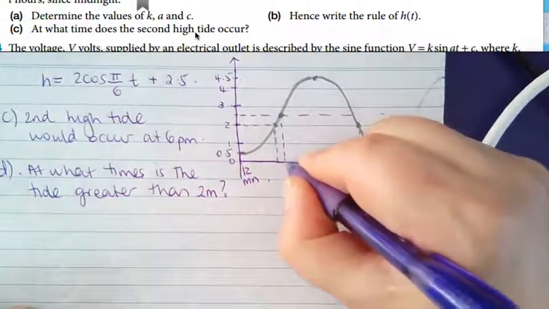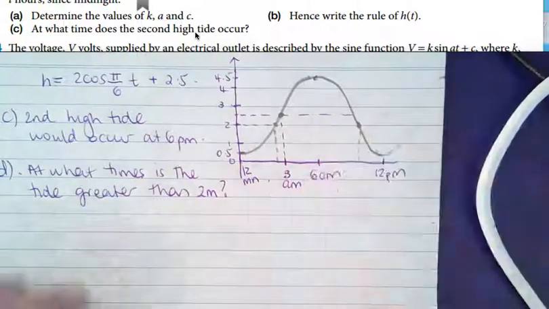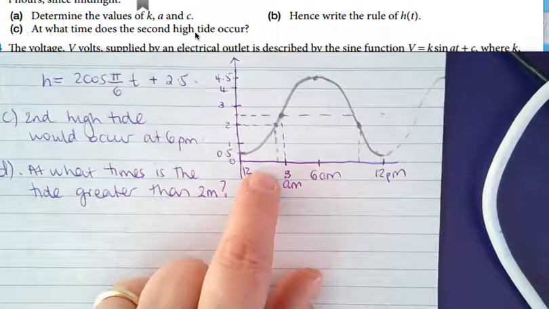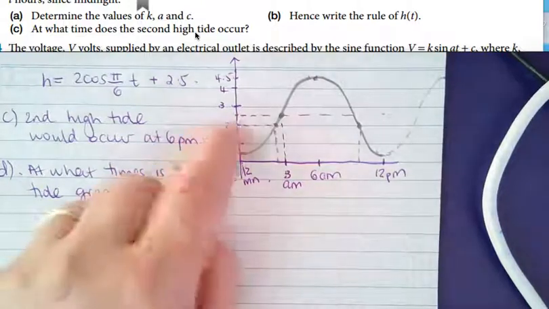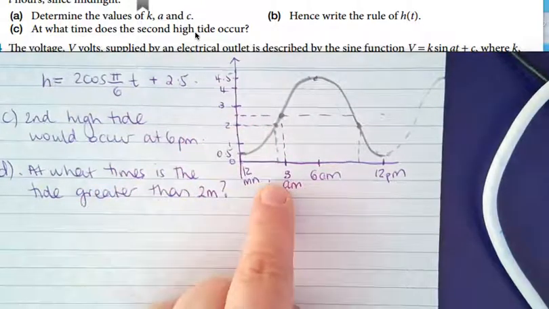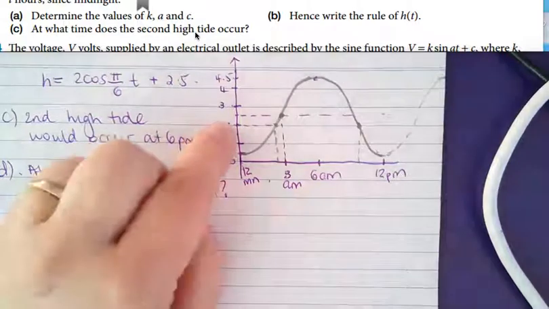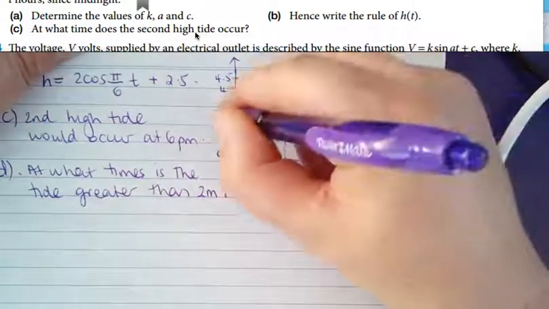So, girls, at 3 a.m., the tide is 2.5 meters. So what would be a good guess for when the tide's going to be 2 meters? Sometime before 3? Maybe after 2:30, 2:40, something like that, right? But definitely between 2:30 and 3, the tide is going to be 2 meters high.